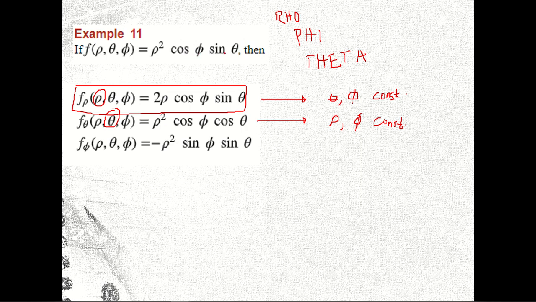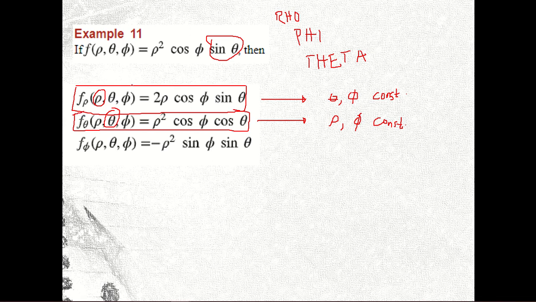Sorry class, yes, this is with respect to theta. So rho and phi are constant, so we'll just take the derivative of sine. What is the derivative of sine? That is cosine. That is why we have rho squared cosine phi, they're constant. We'll just take the derivative of sine. Derivative of sine is cosine. All right, so this is the result.